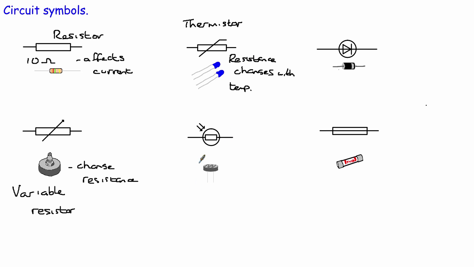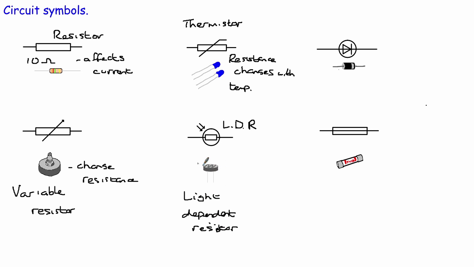Another way to change the resistance by looking at the environment around it, instead of using temperature, is to use light. Now this is a symbol for an LDR. An LDR simply means light dependent resistor.